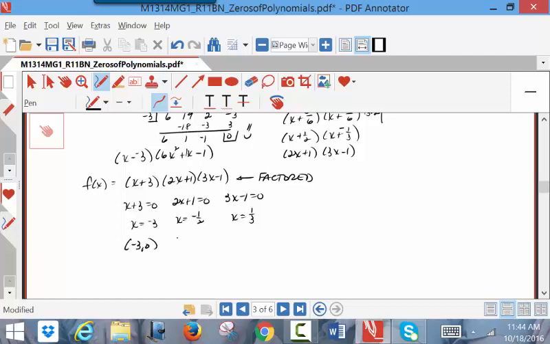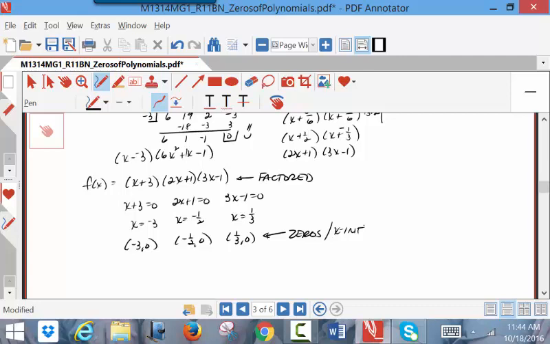So I have a zero at negative 3, zero at negative 1/2, and zero at 1/3. So these are the zeros of the function, which we also know are referred to as our x-intercepts. So we factored it, and we also found all of the x-intercepts, all of the zeros of the polynomial.